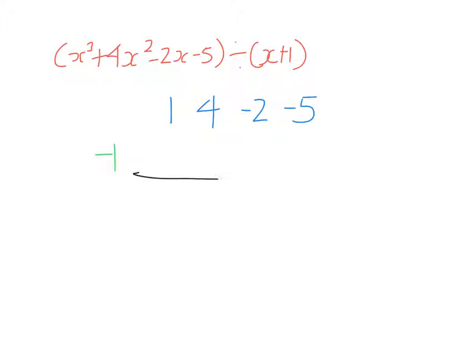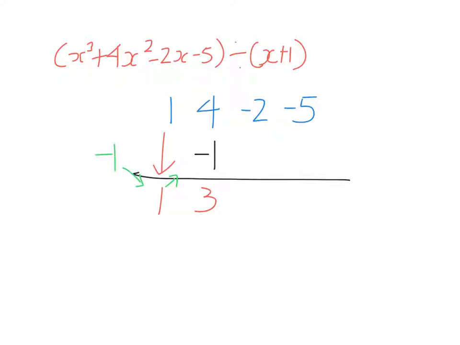And I'm going to go through and find out the coefficients that I need. So I start by bringing the first coefficient down to get 1. Now I go minus 1 times 1 gives me minus 1. So I put a minus 1 here. Now once again, to calculate the remainder, I add 4 plus negative 1 gives me positive 3.